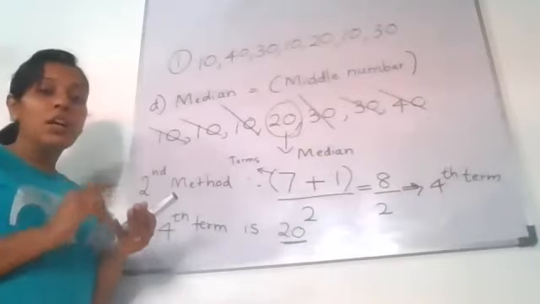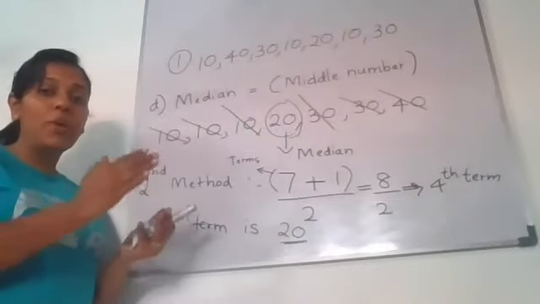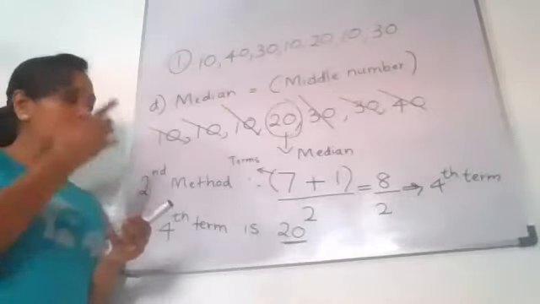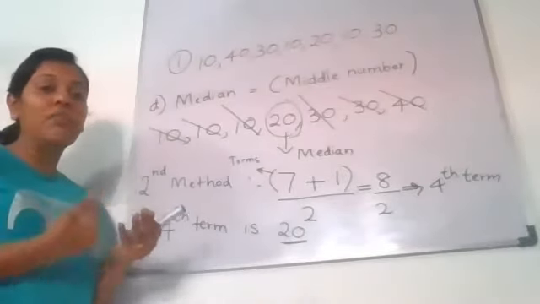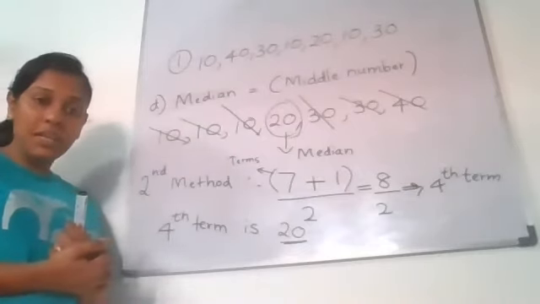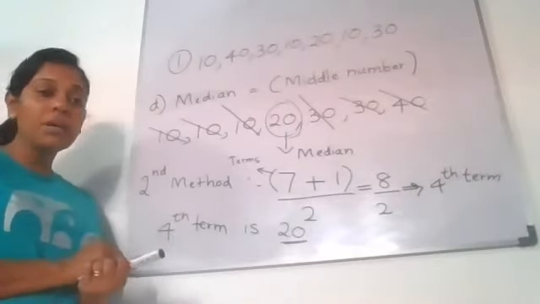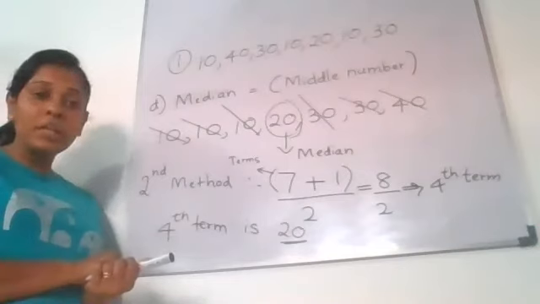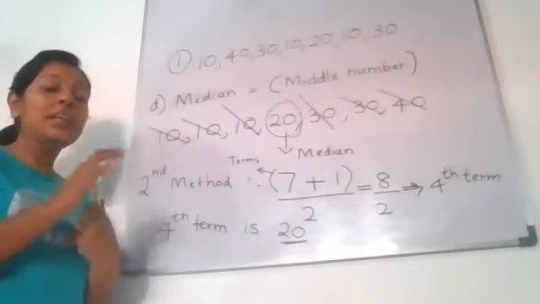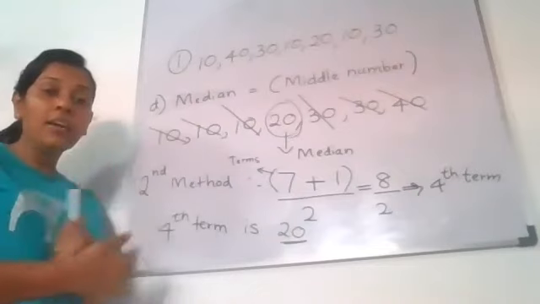So how we have calculated the mean, you have to add all the terms and divide by the number of terms. And finally, we have identified the median. Median means the middle number. When you want to find the middle number, the first step is you have to arrange these numbers and then find the middle number. So we learned 4 terms: mode, range, median, and the mean.